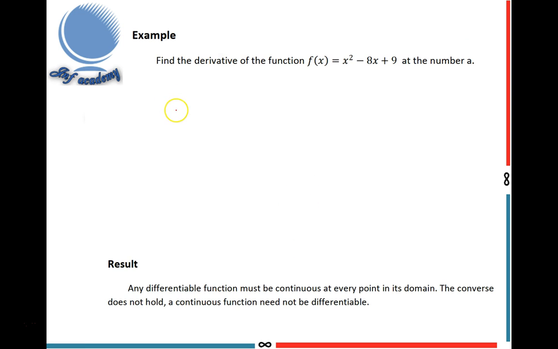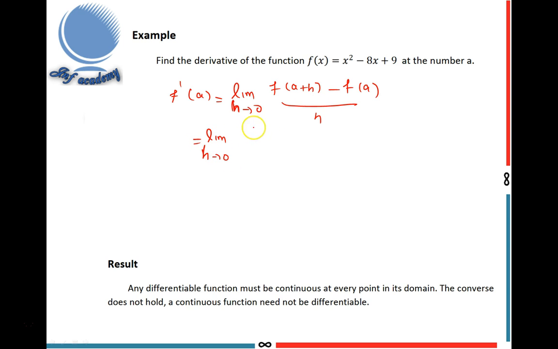Next, I am going to explain how to find a derivative value of a function. Derivative of the function f of x equal to x square minus 8x plus 9 at the number a. By the definition, f dash of a equal to limit h tends to 0 of f of a plus h minus f of a divided by h. So, limit h tends to 0 of f of a plus h, which is a plus h whole square minus 8 into a plus h plus 9, and minus f of a.